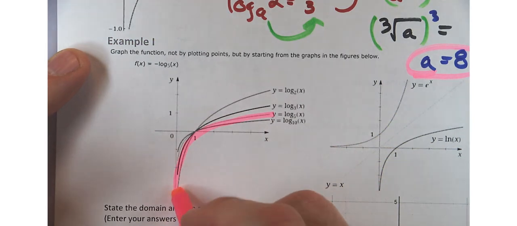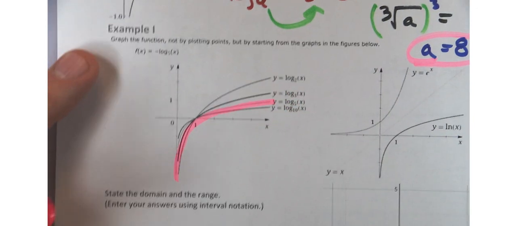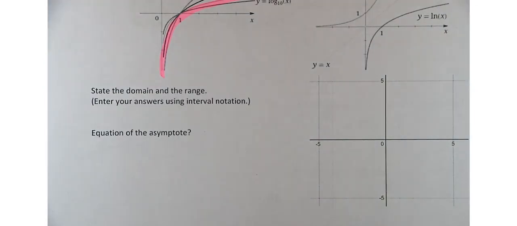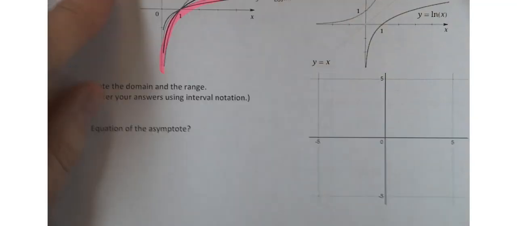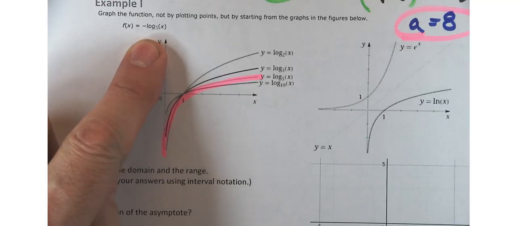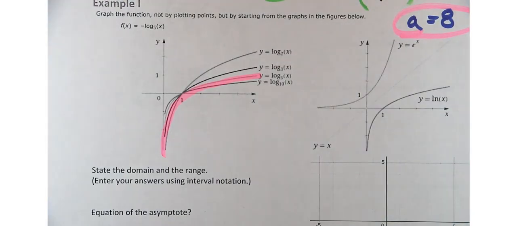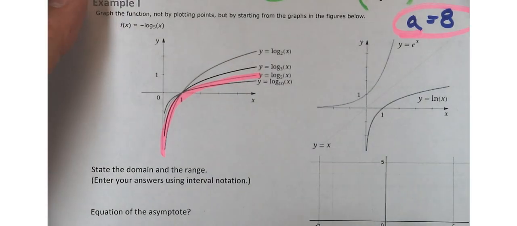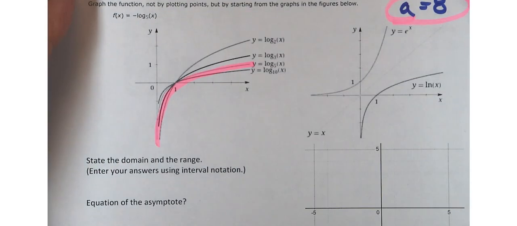That one there. How's that going to change this graph? What's it going to look like instead of what I've got drawn here? Yeah, it's going to flip this across the x-axis. Thank you. So something like that.